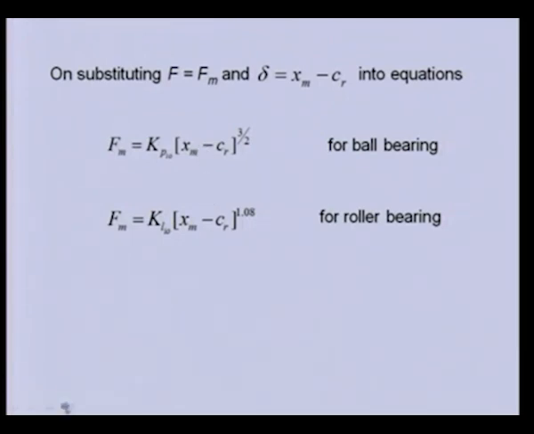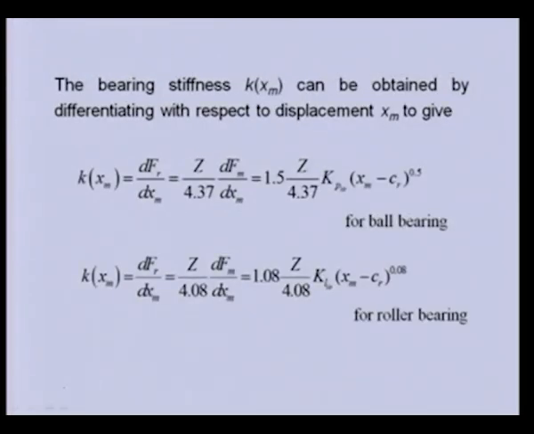So once we have this relation, now we define the bearing stiffness, which is nonlinear in nature. That bearing stiffness is defined as the change in the radial load applied with respect to the deformation of that particular roller or ball which is getting maximum deformation, and that is equal to the deformation of the rolling element, that is, inner raceway or outer raceway also.